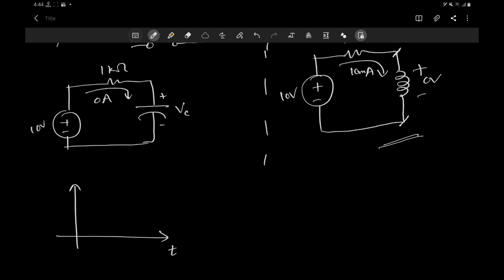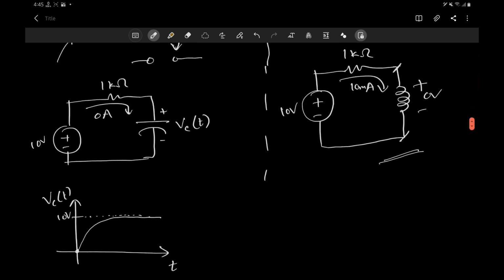If I plot the voltage across the capacitor with respect to time, it will look something like this. It starts from 0 volts, because at the start of the circuit it is 0 volts. Then it gradually creeps up to 10 volts.